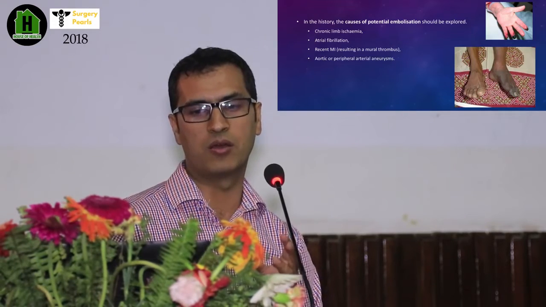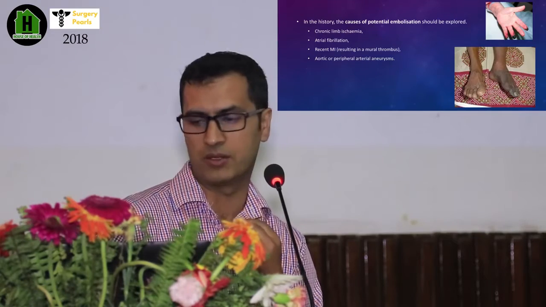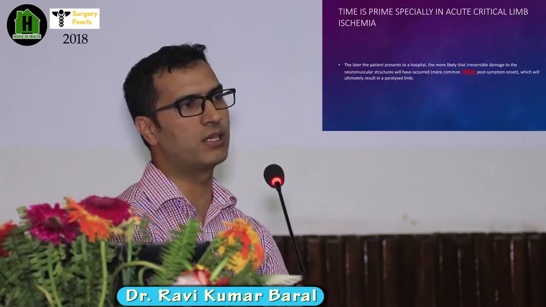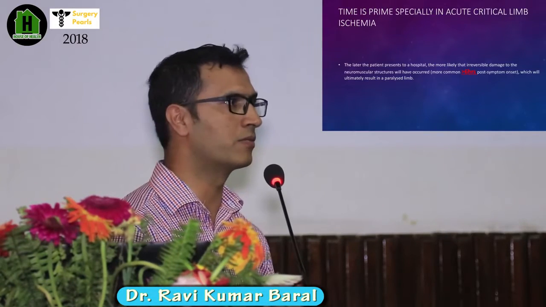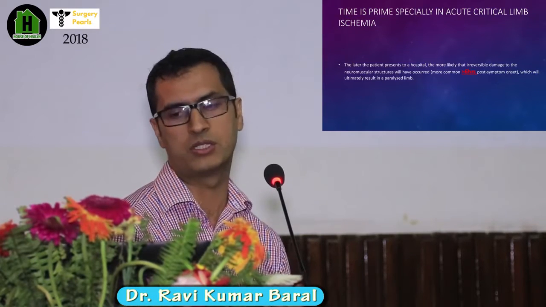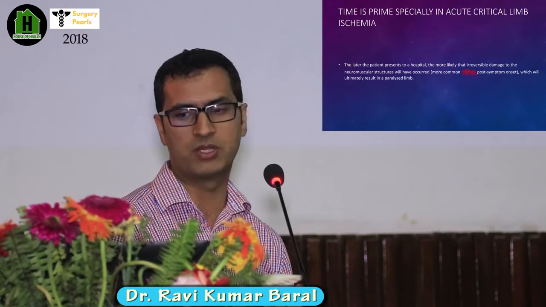Chronic atherosclerotic plaque rupture can also cause thrombosis and thromboembolic phenomena. So whenever we come across a critically ischemic limb, time is the prime thing that we have to consider, and as far as possible, this should be dealt with as early as possible.